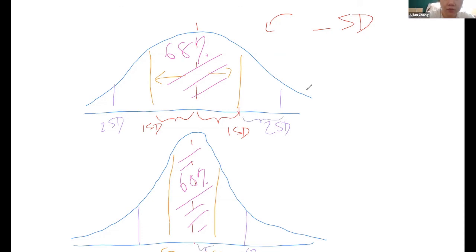Whatever your standard deviation is, you go the same spacing from the red dotted line to 1 standard deviation to 2 standard deviations. And for 2 standard deviations, even though my graph does not seem like it, some of them, it accounts for 95% of the data. So this is 95, this data over here, and this is 95.